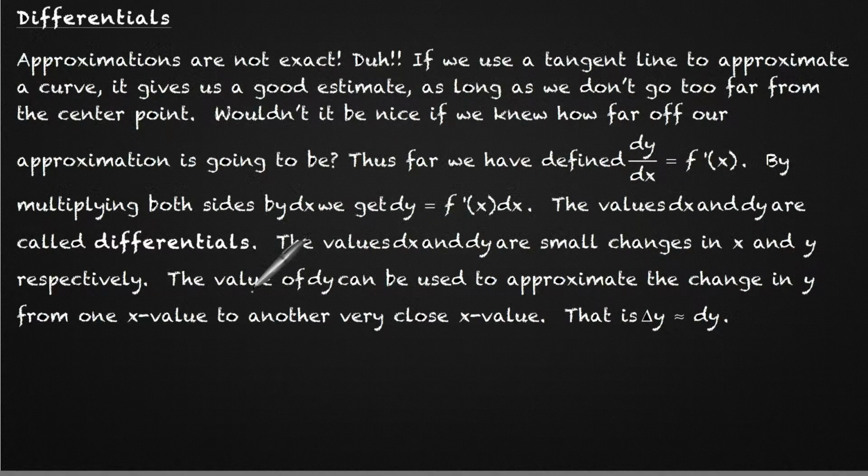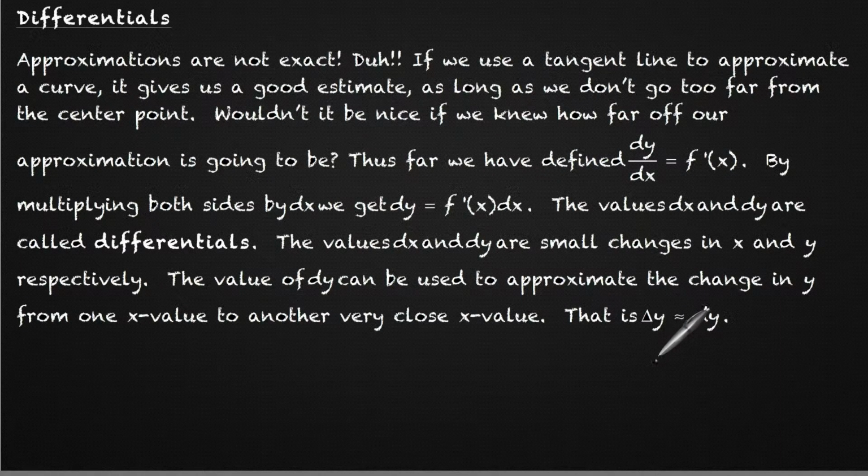So basically the idea is this. dy is basically an approximation for the change in y if x is changed by a very, very small value. So if I change x ever so slightly, how will that affect the change in y?